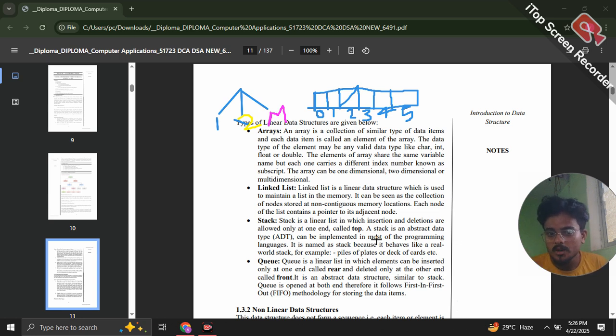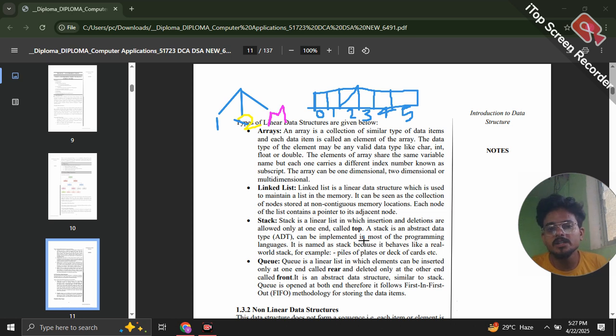Non-contiguous means not continuous, where there is no gap and a row moves continually without any break, so non-contiguous means discrete.